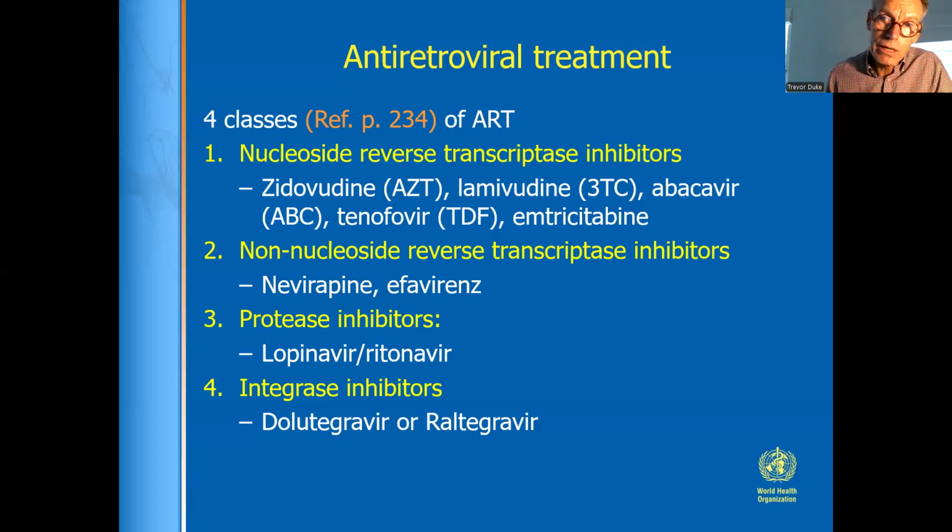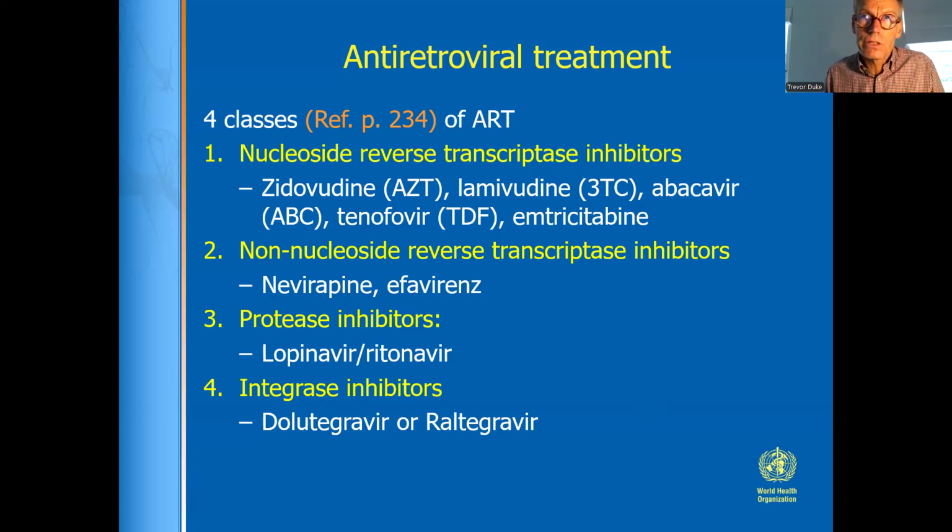Dolutegravir is the base treatment for most therapies, and then including usually 2 nucleoside reverse transcriptase inhibitors, lamivudine and abacavir. That's first line treatment. So abacavir, lamivudine, and dolutegravir are the 3 most commonly recommended antiretroviral therapy regimes that are available for children these days.